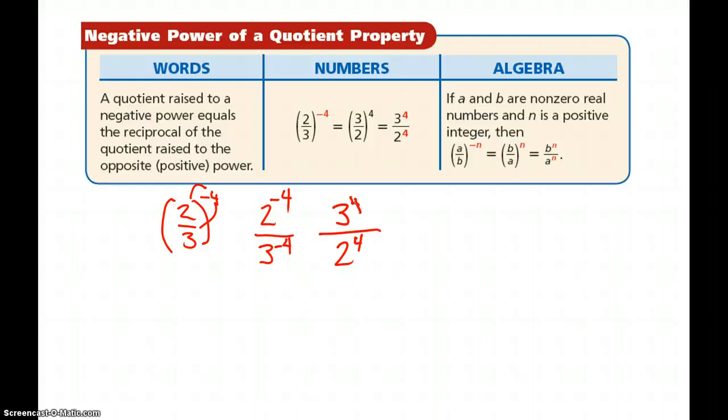Or, if you want to make your life easier, here's the rule. This is number 8.